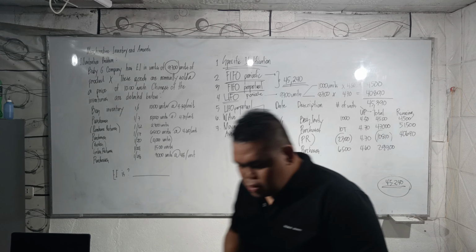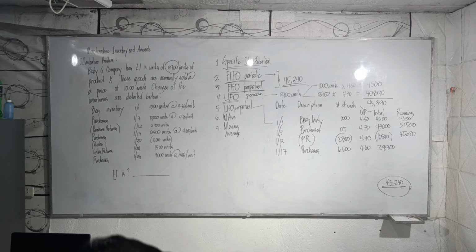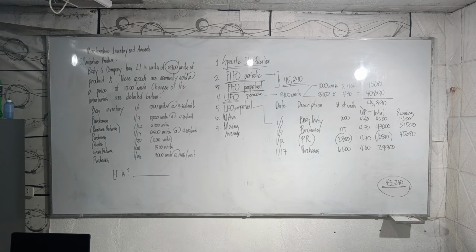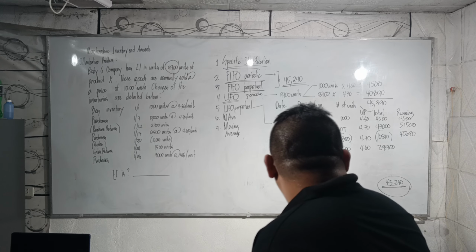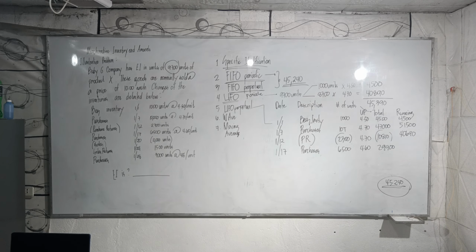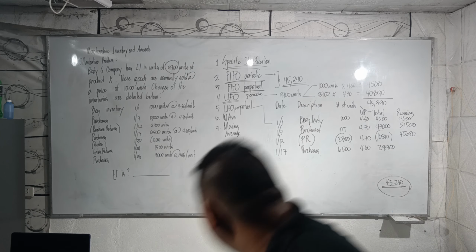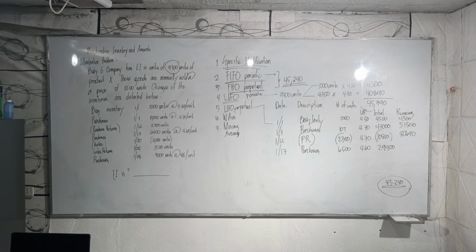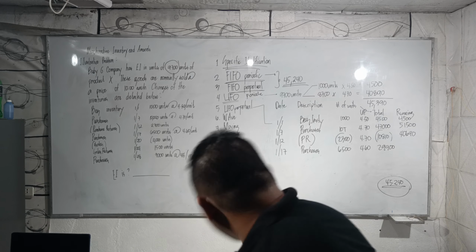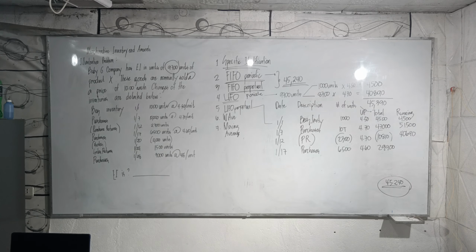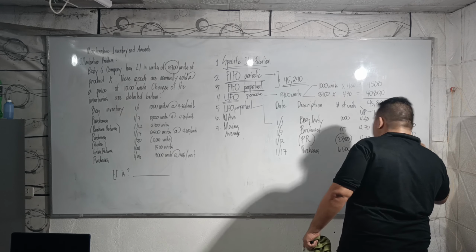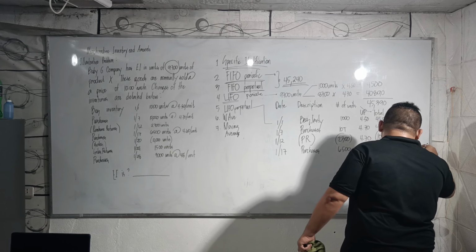You can check it. And again, let me check because no one is checking me. It's very different if I have some companions. So we have 29,900. That's correct. And from 40,690 running balance plus the 29,900, that's 70,590.